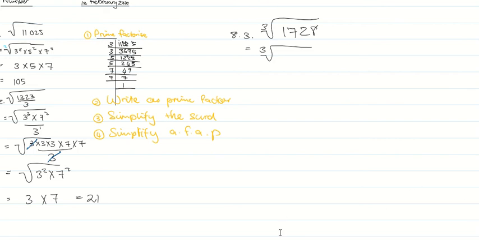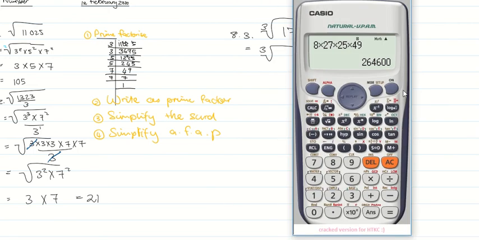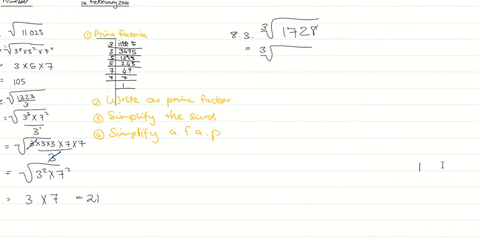However, I'm just going to check on my calculator and make you aware of the short-cut method: I type 1728, put in the equal sign, type in shift, and then factorize. If you have a calculator like this, you can do it that way. So 1728 is 2 to the power of 6 times 3 to the power of 3. So then I write 2 to the power of 6 times 3 to the power of 3.